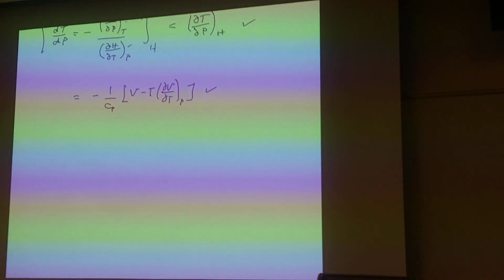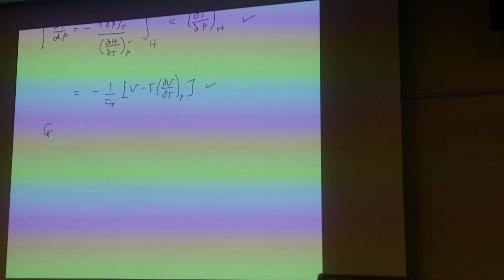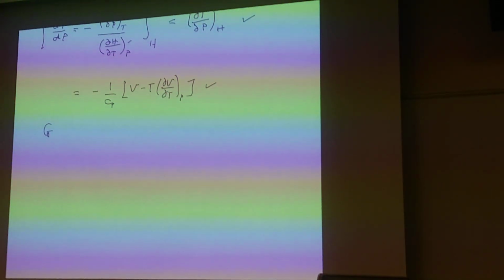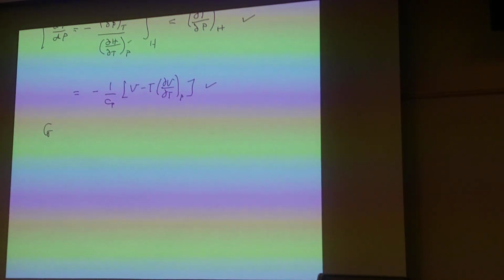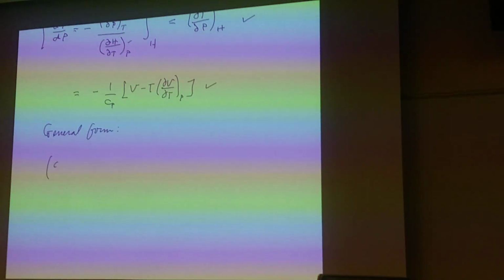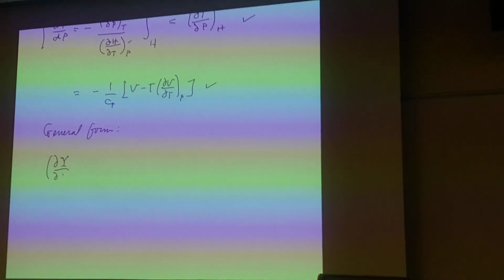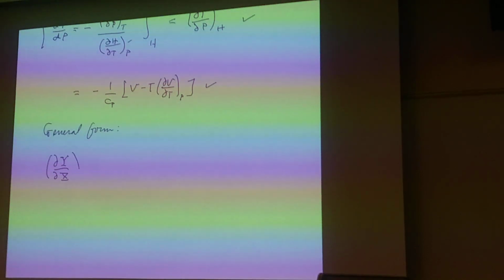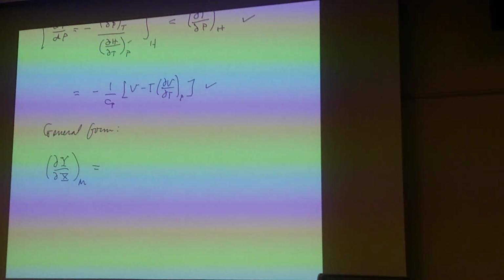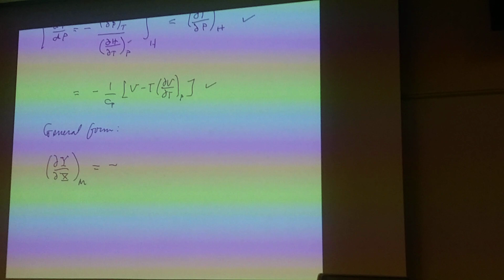So let's look in general at what we did to reduce a derivative in which the abstract quantity is held constant. The general form would be, let's say I have a derivative, partial of y with respect to x at constant m. And I think it would be a good idea just to memorize this.